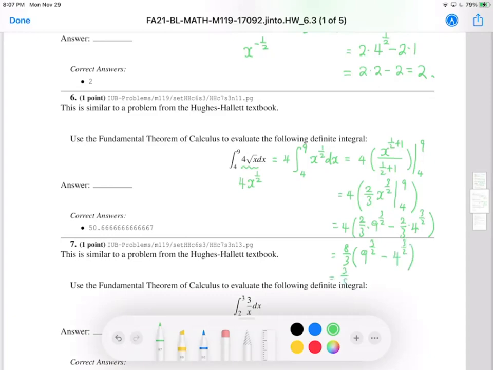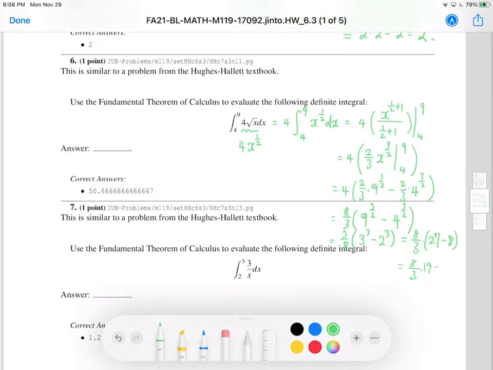What is 9 to the 3 over 2? 9 is 3 squared, so it's 3 cubed, minus 2 cubed similarly. So 8 over 3 times 27 minus 8. This is equal to 8 over 3 times 19.